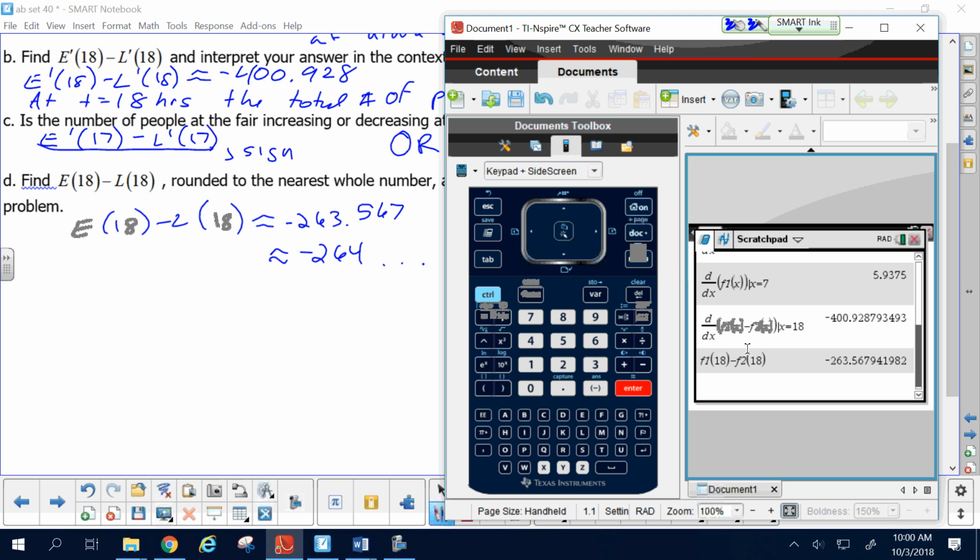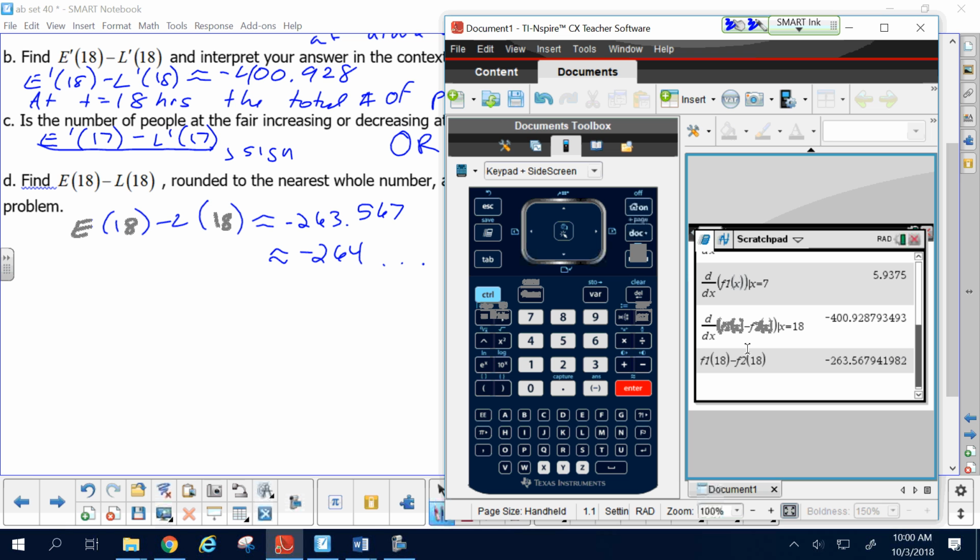Roughly negative 264. Do you agree with the value? Okay. Is this a comparison of the rates or amounts? Amounts. So the enter minus the leave, the total number of people who have entered by time 18 versus the total number of people who have left by time 18 is negative 264.